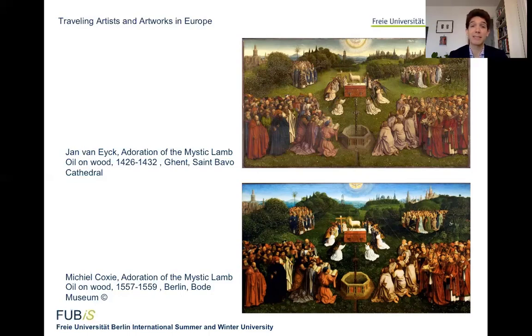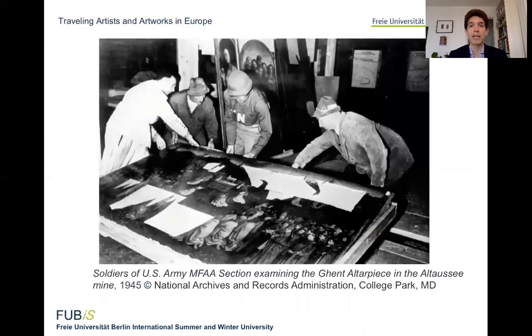And it means that during the centuries, it was taken away from its original location several times. It was sent to Paris at the beginning of the 19th century. It was Napoleon who decided to bring this altarpiece together with a number of other objects from all over Europe and especially Italy in order to create the gallery of painting of the new Louvre Museum.